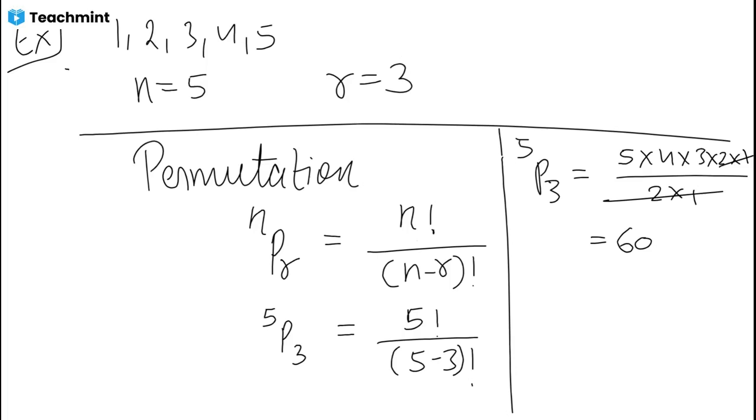Got it? We can also do it practically, manually, by taking some letters to form words. Say we have these four letters, and we need to form words by using any three letters.